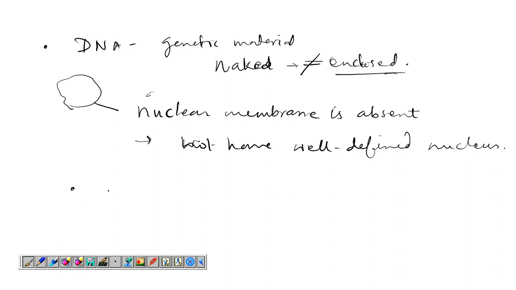Now let's talk about the size of DNA. The size of DNA is comparatively smaller in the case of prokaryotes when we compare it with the size of the DNA in the eukaryotes. So DNA is comparatively smaller in size, and there's the last point, which is inclusion body.